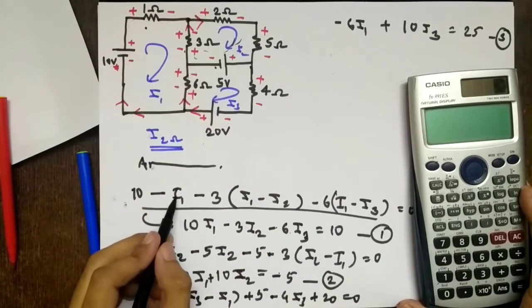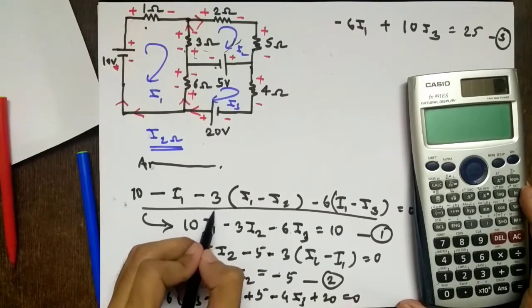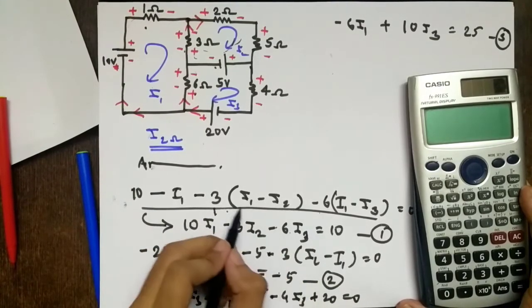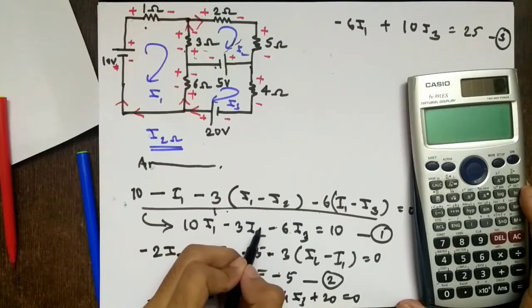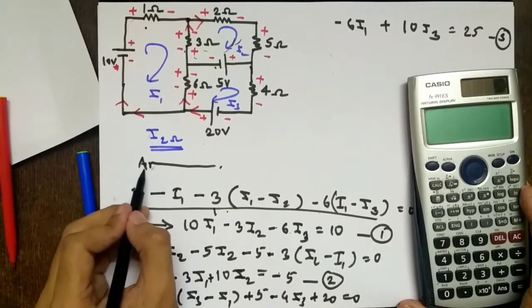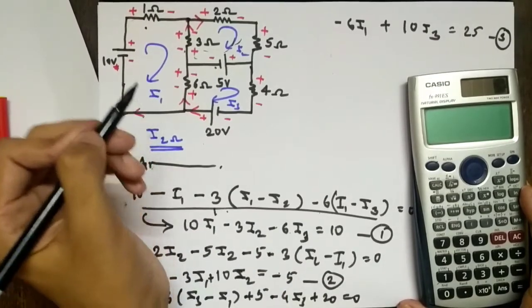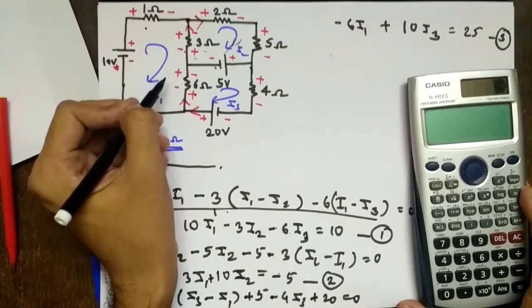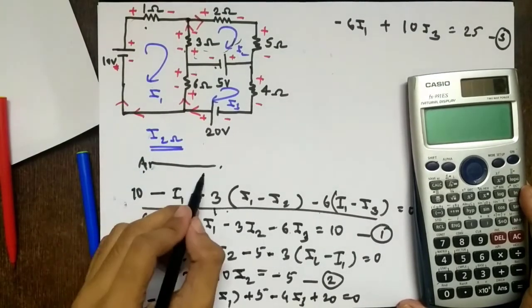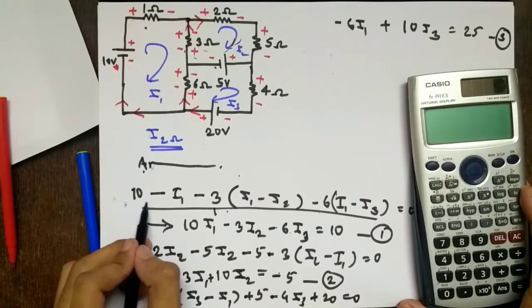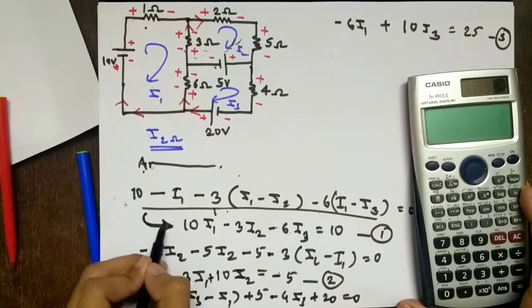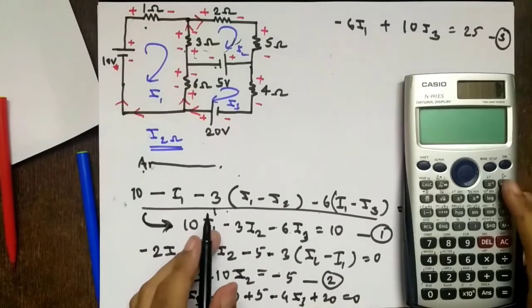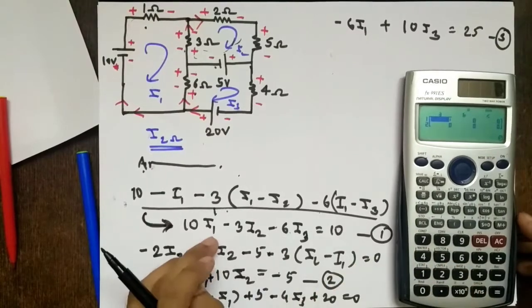So make sure you write these steps, and then no need to show the calculations. You are not in 10th standard now to show the steps. But these steps are important. They are testing you on electronics engineering. They are testing you on how to solve a network. So applying KVL to mesh 1, we get this equation. Then directly you can write this equation. Similarly here. So now let's solve this.